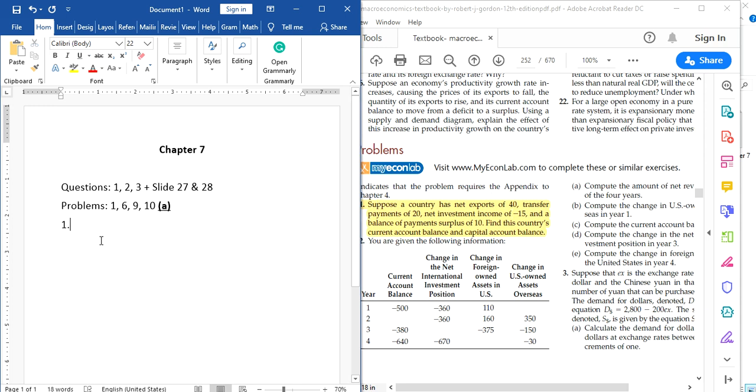So let's start with the problems. Now suppose, the first problem says, suppose a country has a net export of 40. Net export equals 40. Transfer payments equals 20.